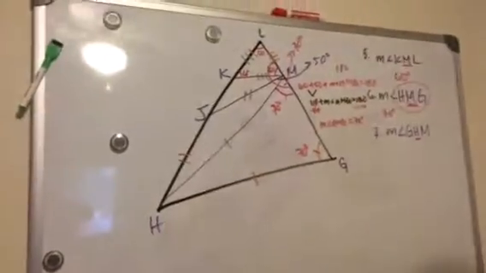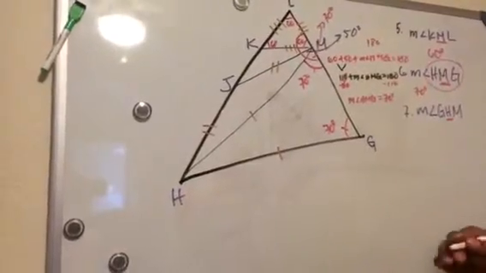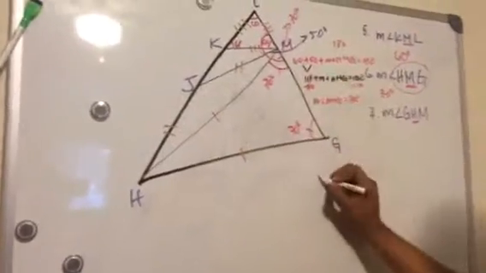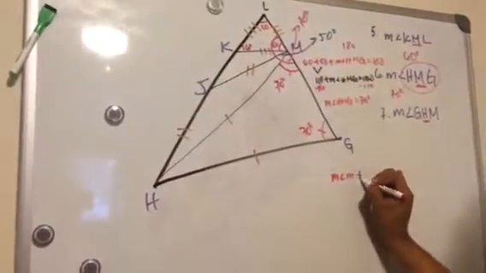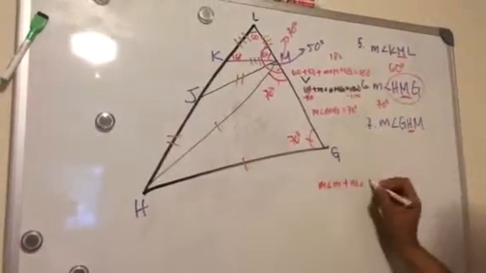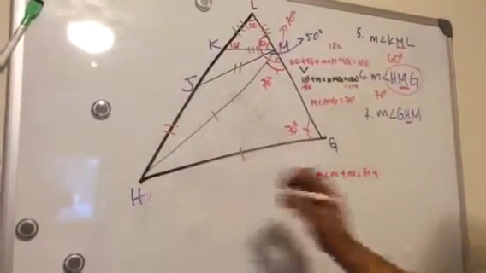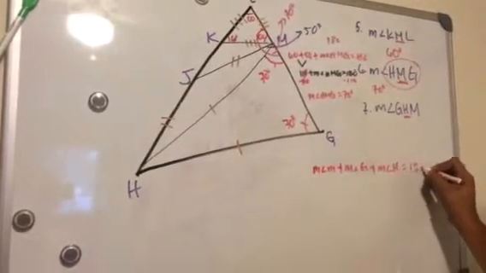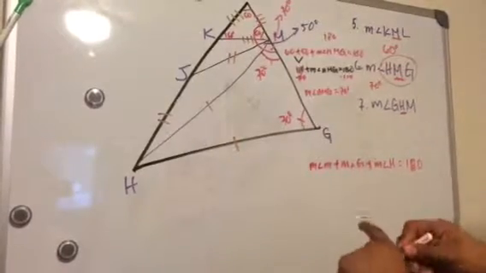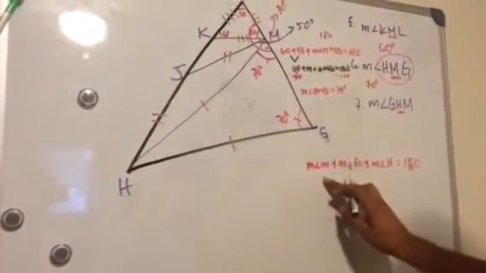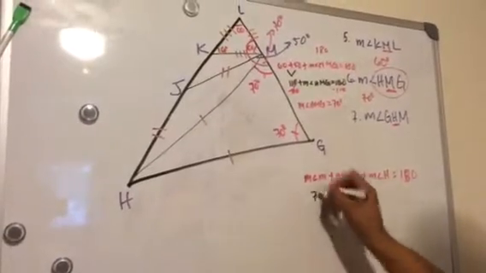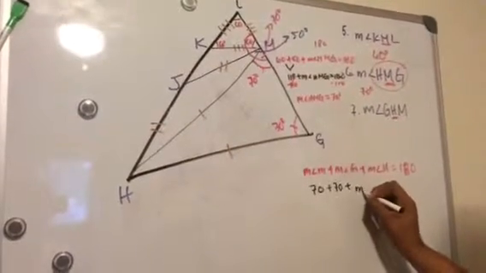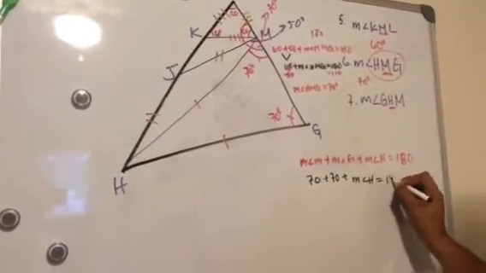Based on day 1, where we learned the triangle interior angle sum theorem, we have to add all the angles, and that equals 180. So measurement of angle M plus measurement of angle G plus measurement of angle H is equal to 180 degrees. Now if we substitute our numbers, measurement of angle M is 70, measurement of angle G is 70, plus measurement of angle H, which we still don't know, equals 180 degrees.